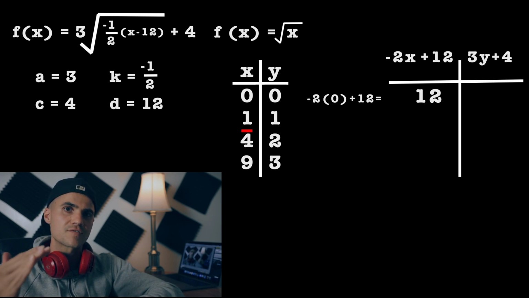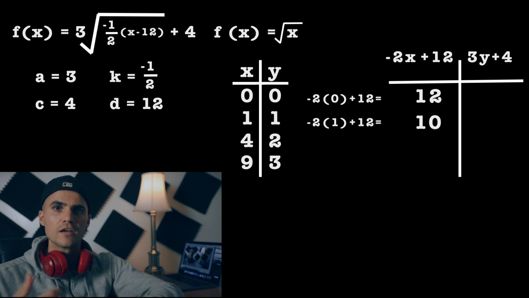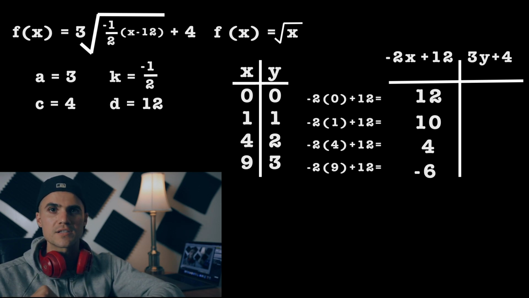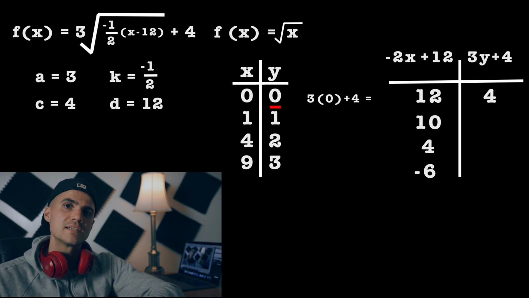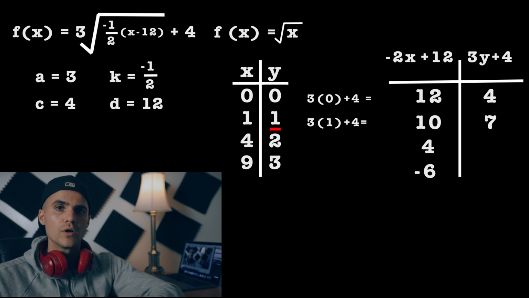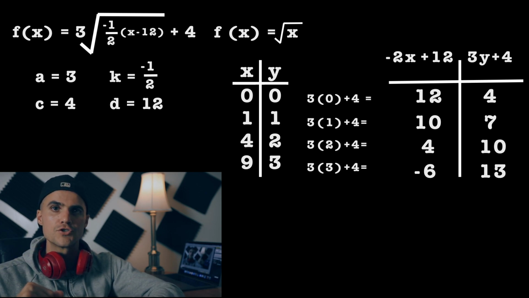What if we take that x value of 1, negative 2 times 1 plus 12 would give us 10, and then so on and so on. And then we do the same thing with the y values. So taking that first y value of 0, 3 times 0 plus 4 would give us 4. Taking that next y value of 1, 3 times 1 plus 4 would give us 7, and so on for the other two y values.